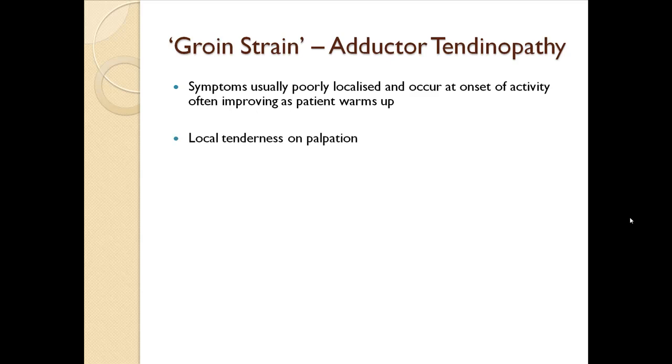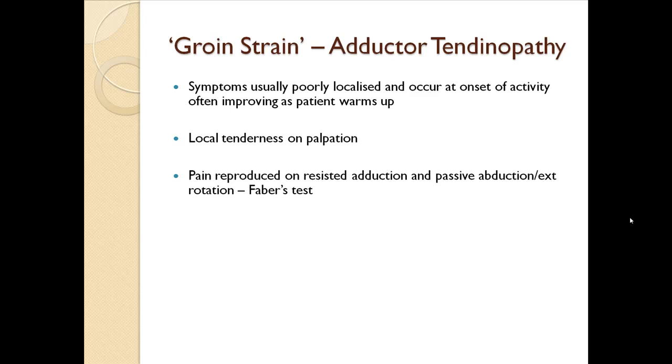There is identifiable tenderness on palpation, and the pain can be reproduced on resisting adduction, or passive flexion, abduction, external rotation of the hip joint. This is known as Faber's test.